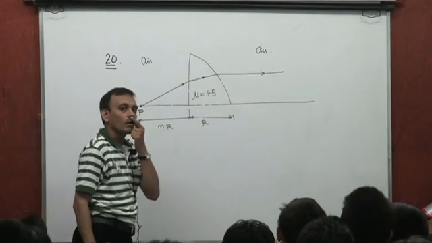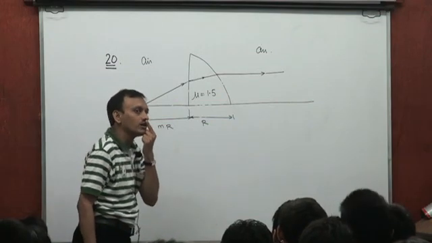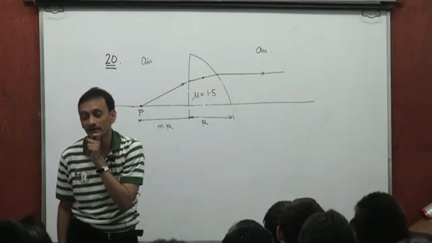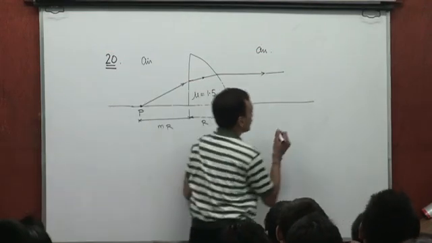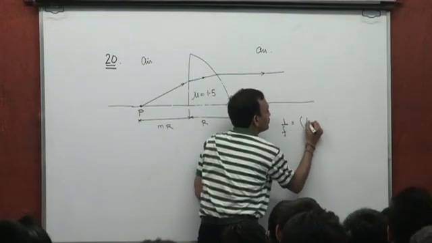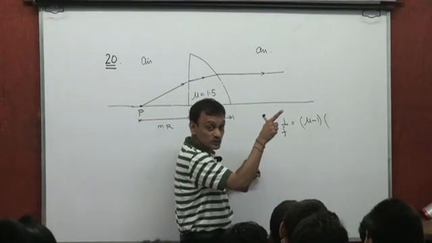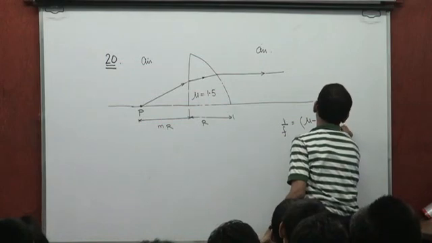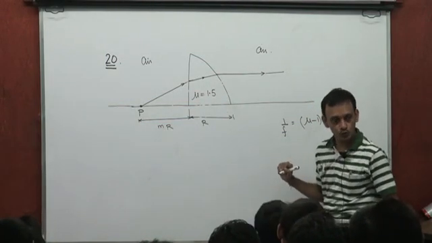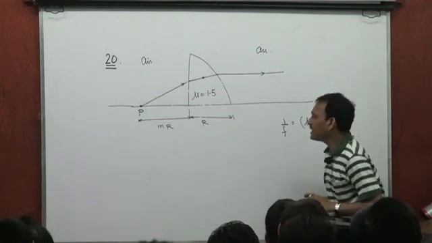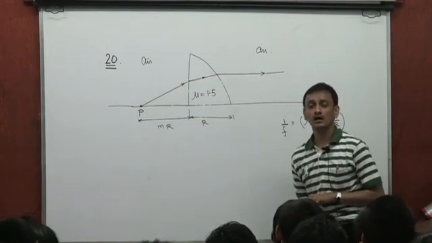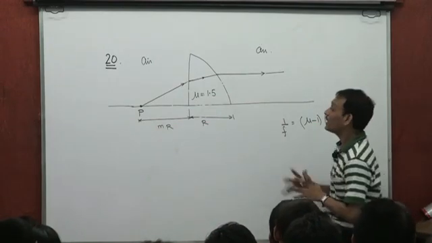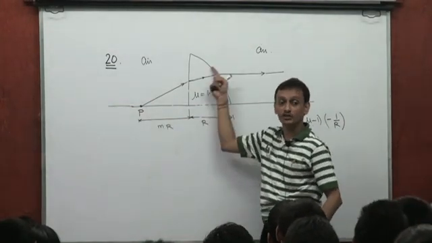And I can find the focal length of this lens. 1 by F is mu minus 1 into 1 by R1 minus 1 by R2. 1 by R1 is 1 by infinity, which is 0, minus 1 by R2. Right? And then I apply the formula 1 by V minus 1 by U equal to 1 by F, where I take U equal to MR and V equal to infinity.